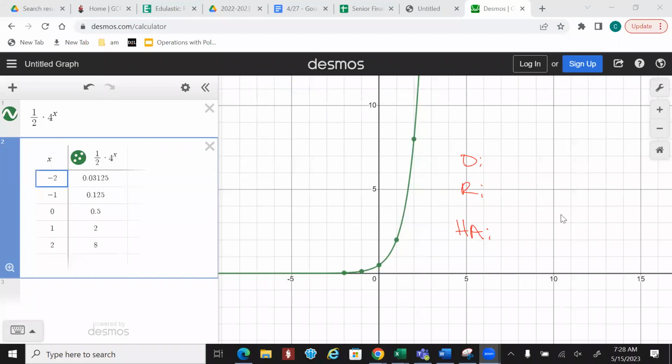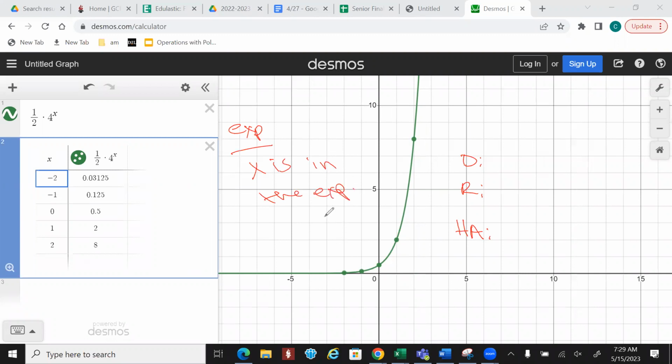So what kind of function is this one? Is it linear? Is it quadratic? Is it a log? Is it exponential? It is an exponential. How do we know that it's an exponential? Okay, it's an exponential because the x is in the exponent.